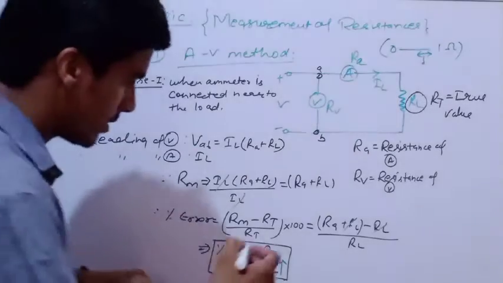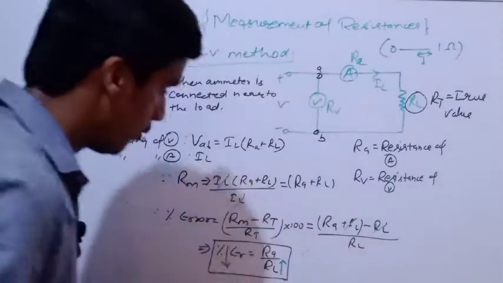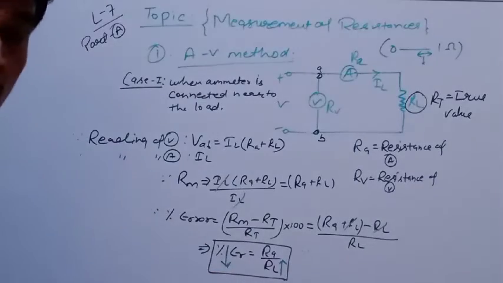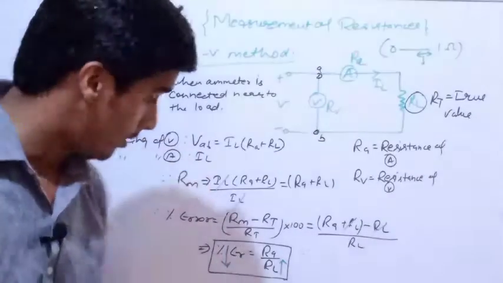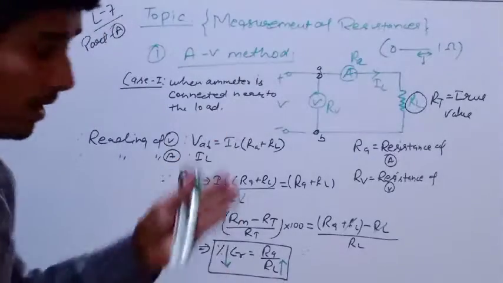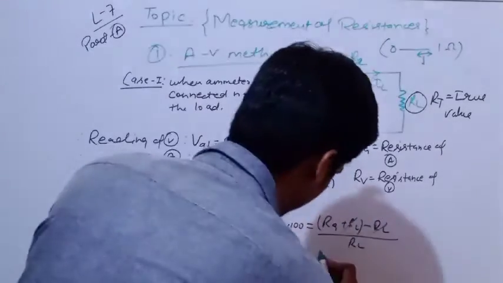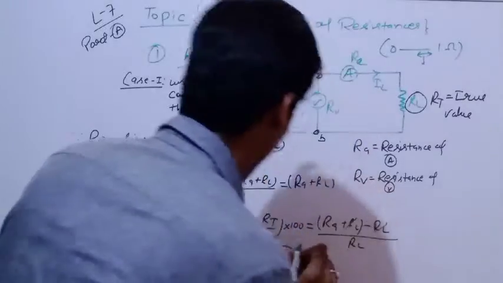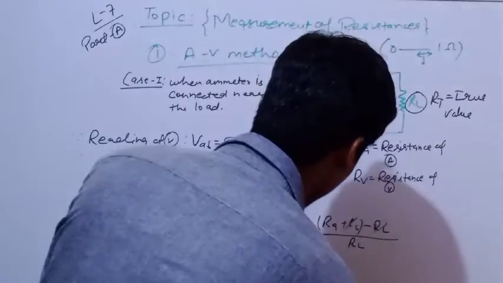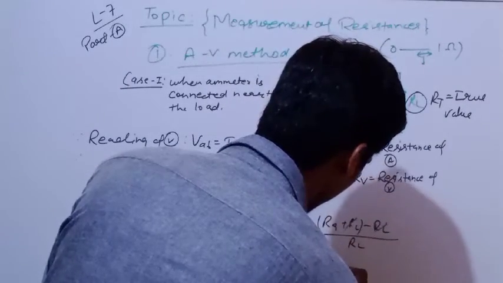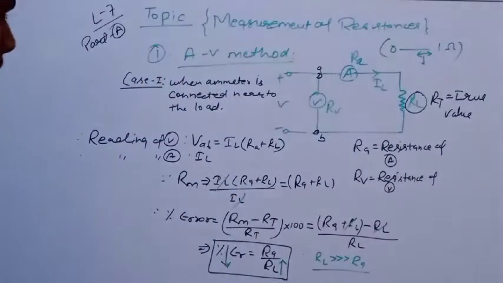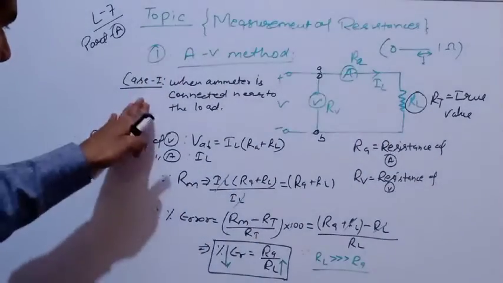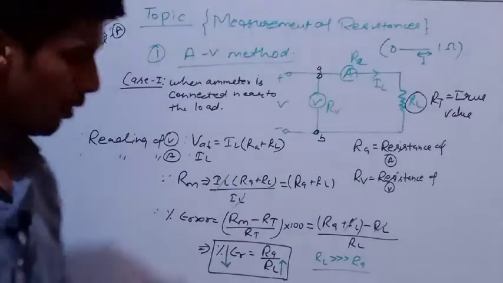Or you can also say, if you want to have low error while measuring the resistance value, then RL value should be greater than RA. Okay, so this is case 1 when the ammeter is connected near to the load.